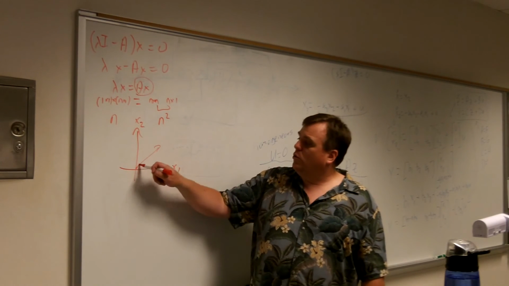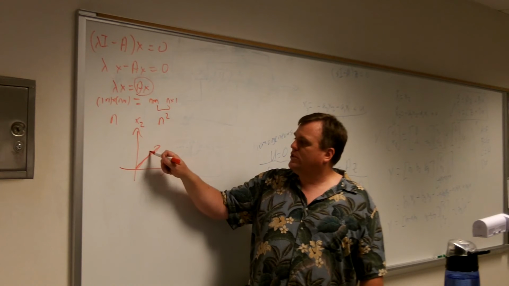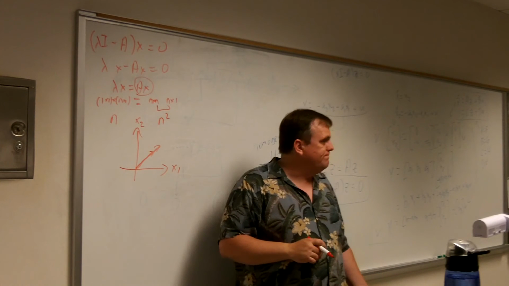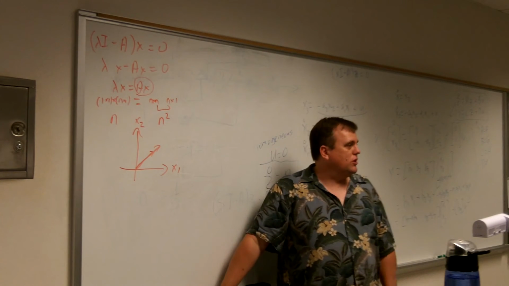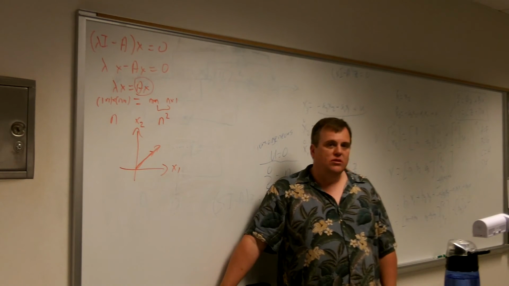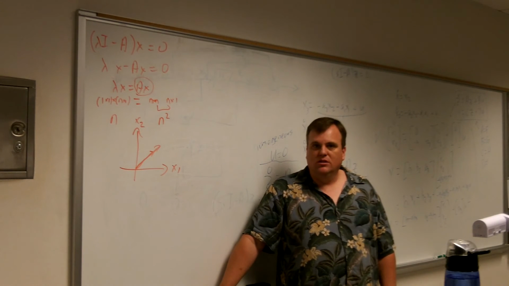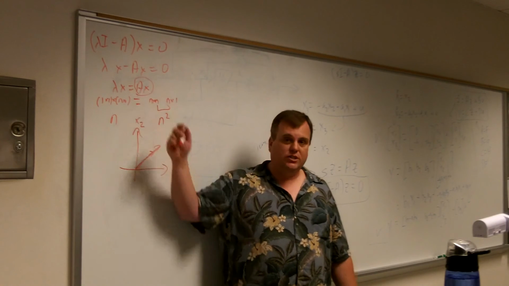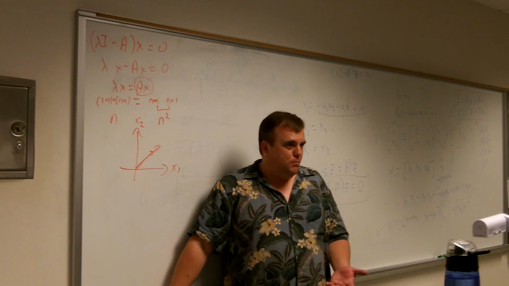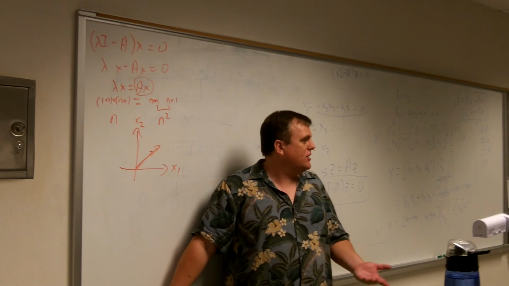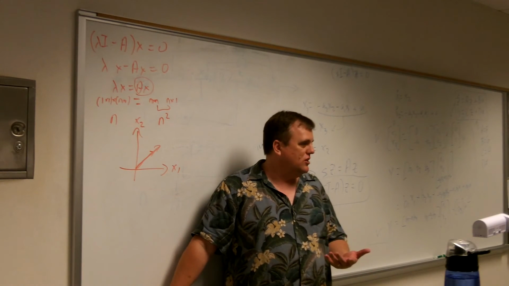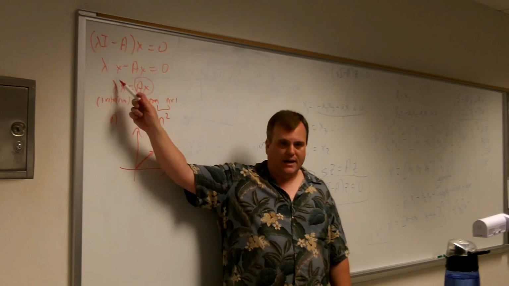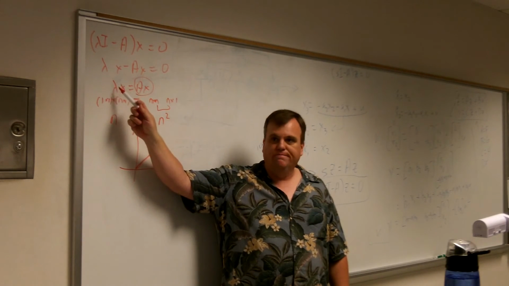When I multiply it by A, it points in the same direction, it's just scaled, maybe a little bigger, maybe a little smaller. That's all it does. It doesn't point in a different direction. That's what that equation is telling you. Since it's pointing in the same direction, I don't have to recalculate the direction, I just have to calculate the size. This is your scaling factor.